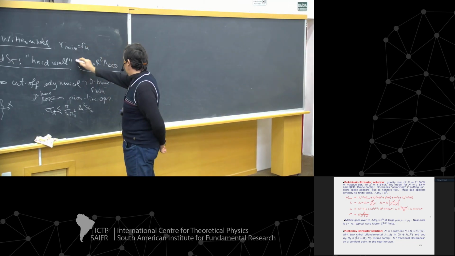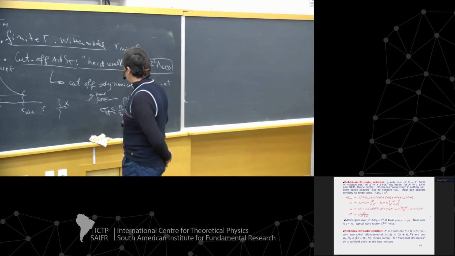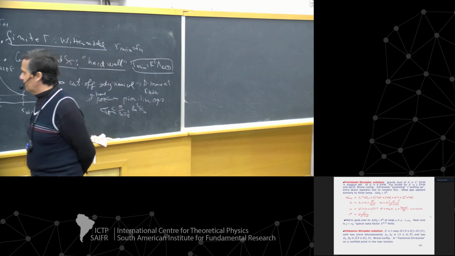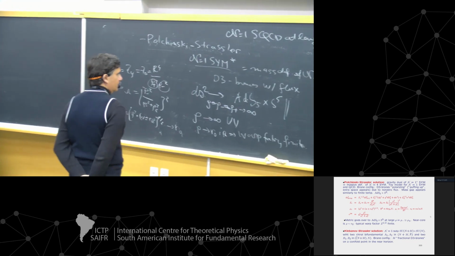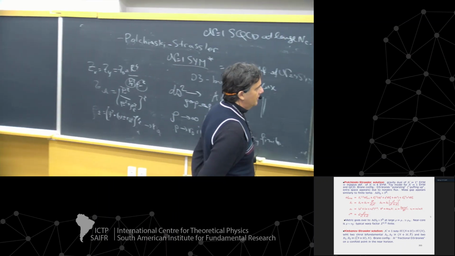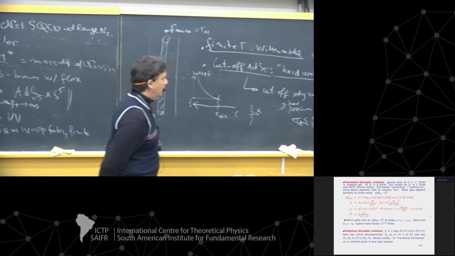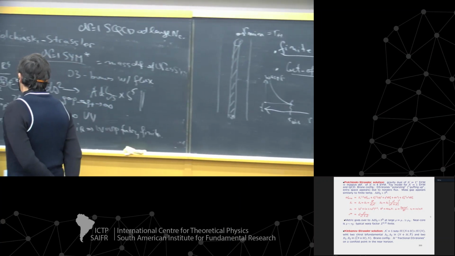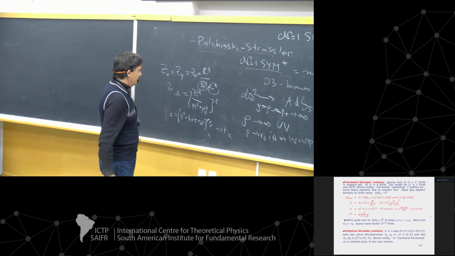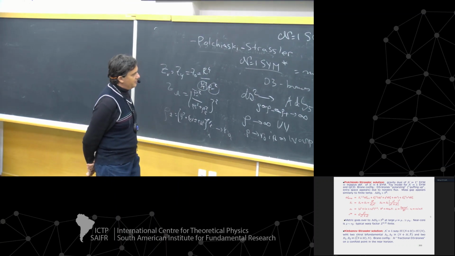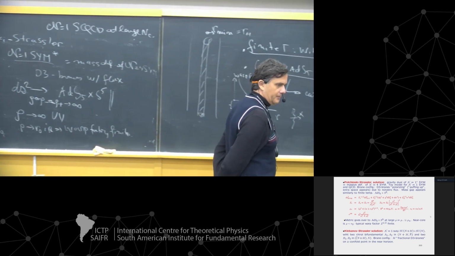Well, actually, the relation was this, but implicitly, R minimum was related to the warp factor. So the warp factor was capital R squared over R minimum squared. So the same thing happens in here. We have finite warp factors, which means we have a theory with a mass gap.